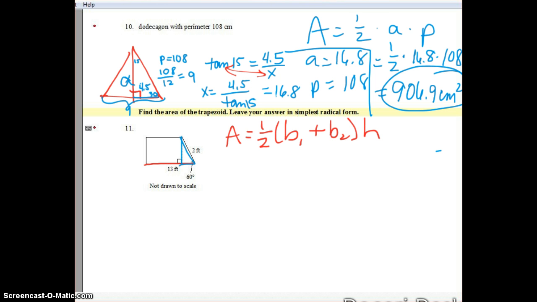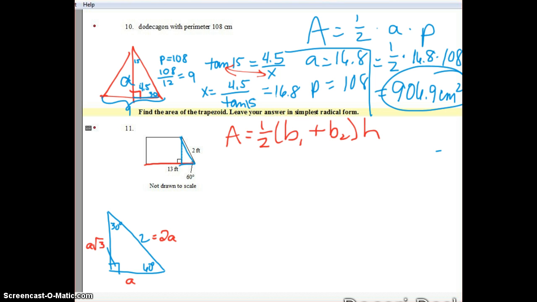I'm going to draw a better version of it down here at the bottom. And let's see, this is 60 degrees. We have a 30, 60, 90. And this is 2. In a 30, 60, 90 triangle, the side opposite 30 would be represented by A, the hypotenuse is represented by 2A, and the side opposite 60 is represented by A square root of 3.